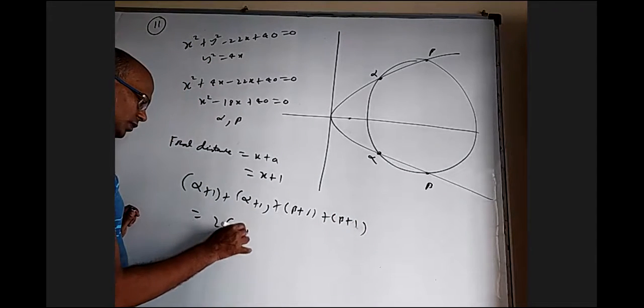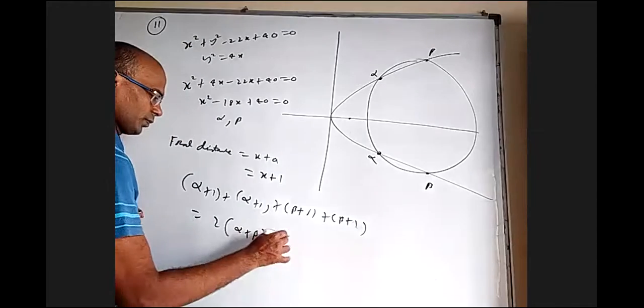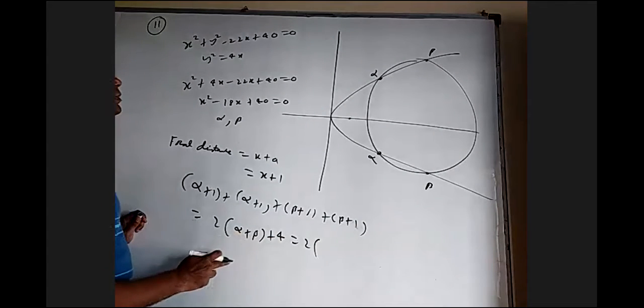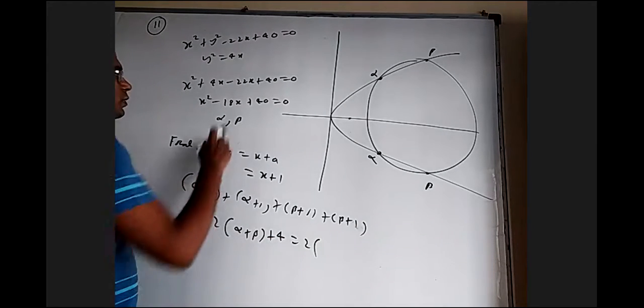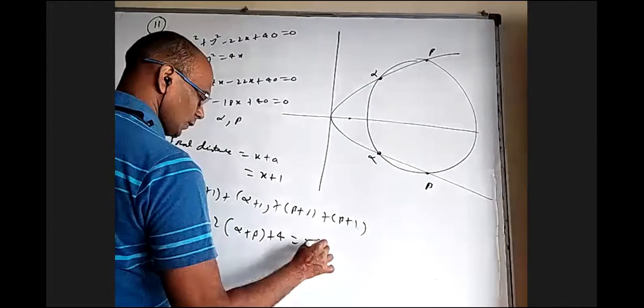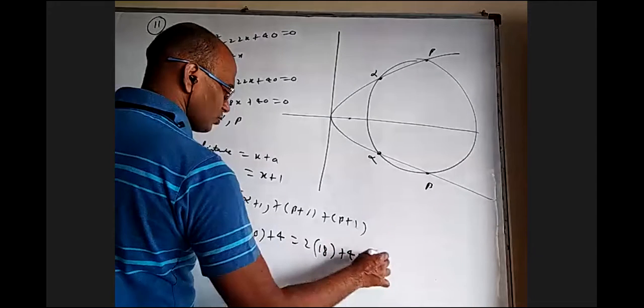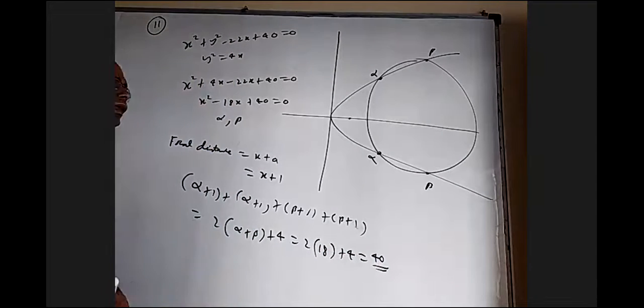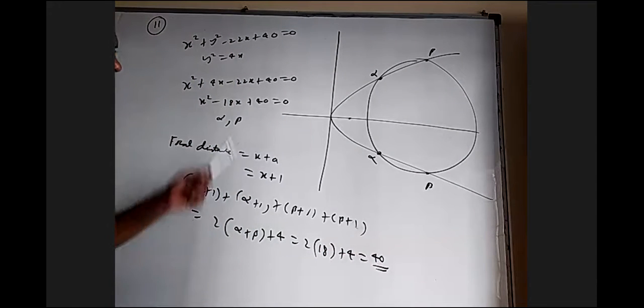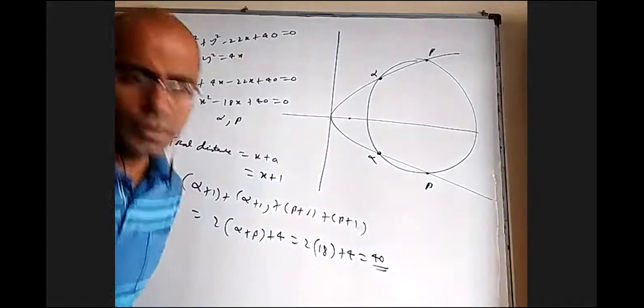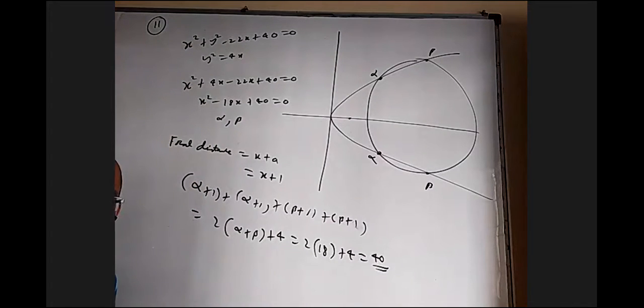You will get 2 times (alpha plus beta) plus 4. What is alpha plus beta? Sum of the roots from this equation is 18, so 36 plus 4, 40. Okay, I think the roots may be some kind of surds, but it doesn't matter. Is it all right, 11th one? Yes, sir. Thank you, sir.